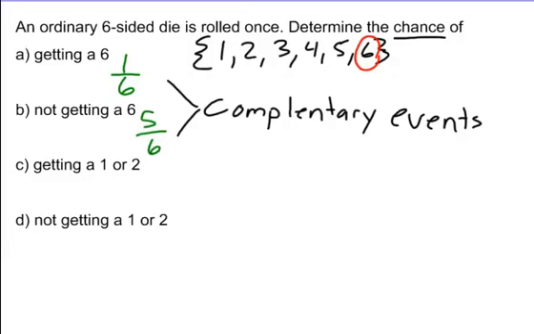So no matter what, when I roll the dice, I'm going to get a 6, or I'm going to get not a 6. And the same thing with these last ones, with C and D.